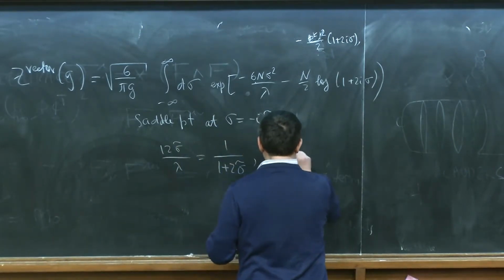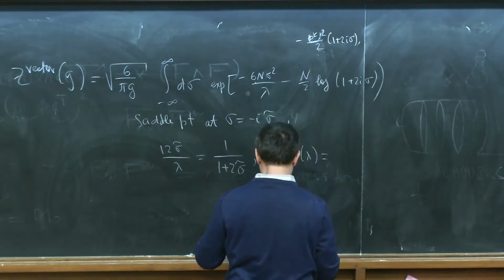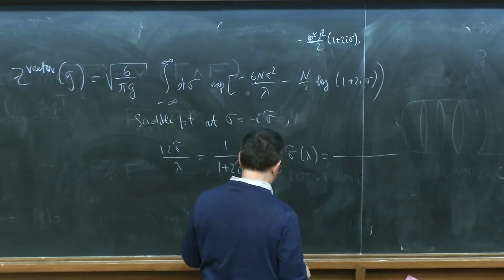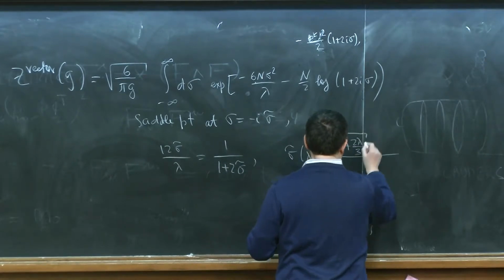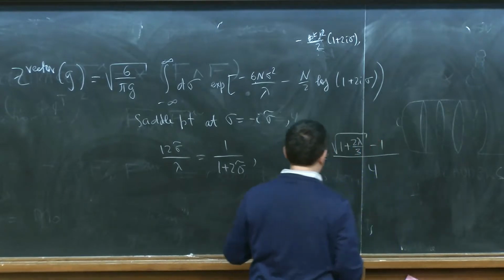We get that sigma tilde of lambda is equal to, and we pick the branch of the square root that matches correctly onto perturbation theory, square root of 1 plus 2 lambda over 3, minus 1, divided by 4.